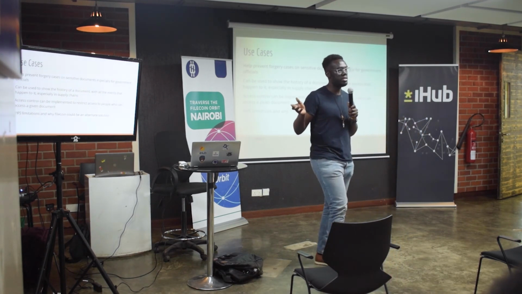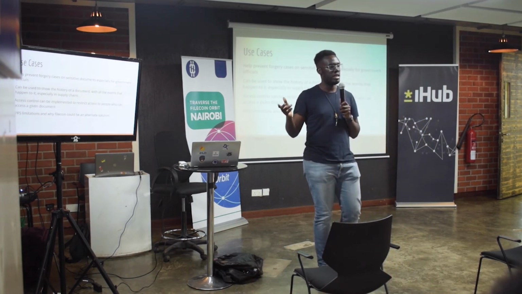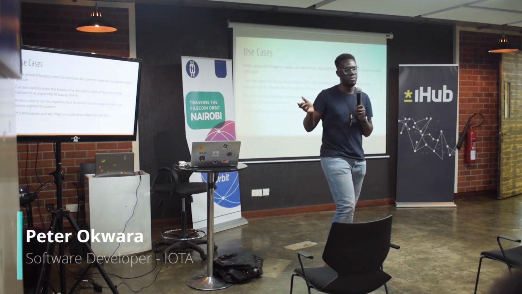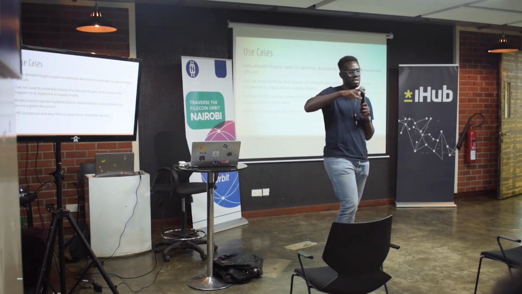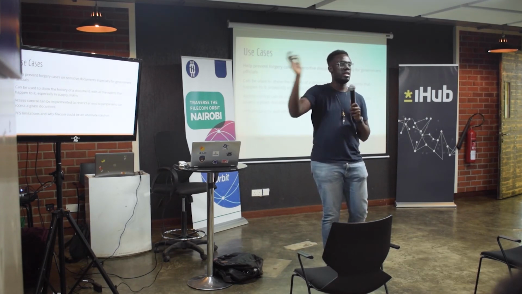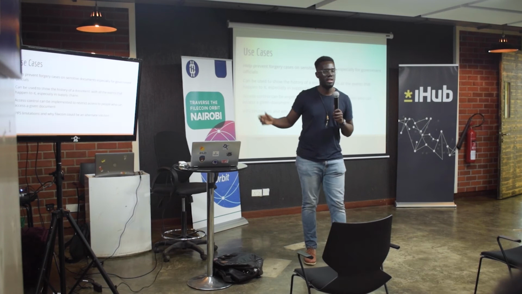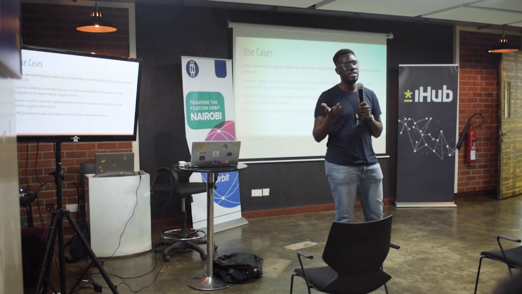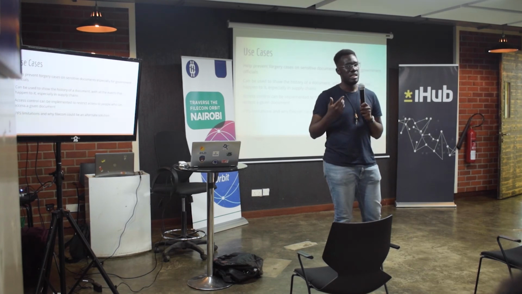When you hash these documents, it gives you a unique hash. That unique hash we normally store. The hash is stored on the IOTA blockchain, and we can come back and check: if an incoming document arrives and you want to check the validity of it, the hashes need to match.